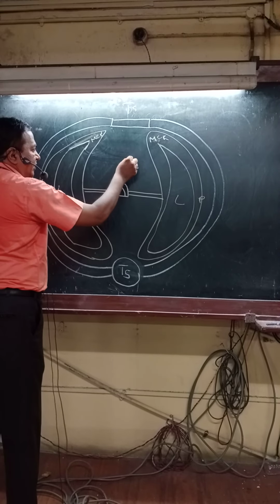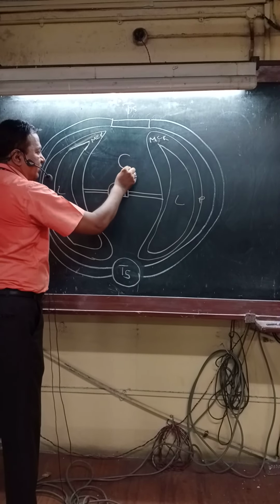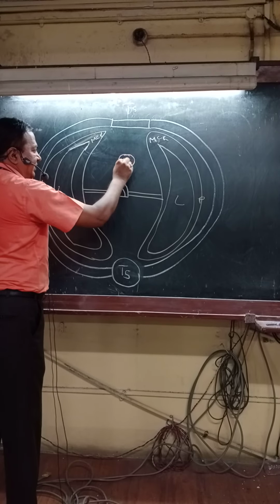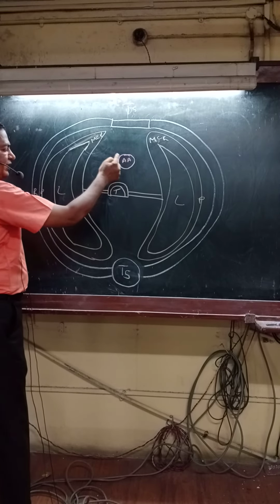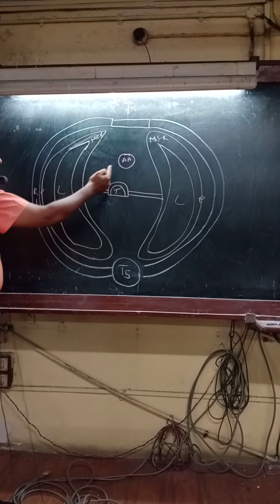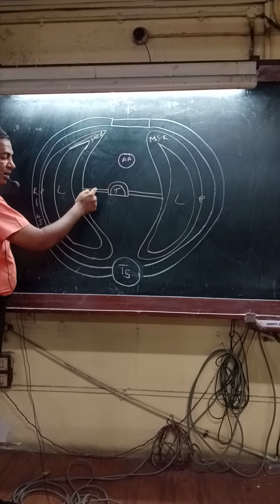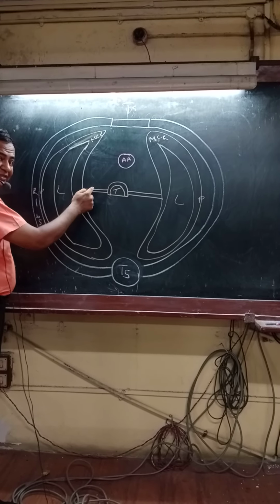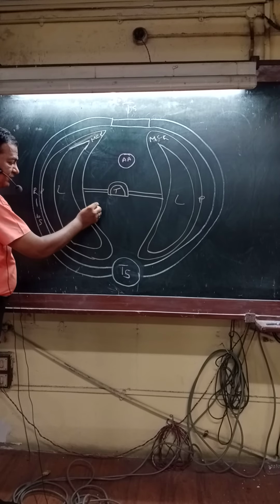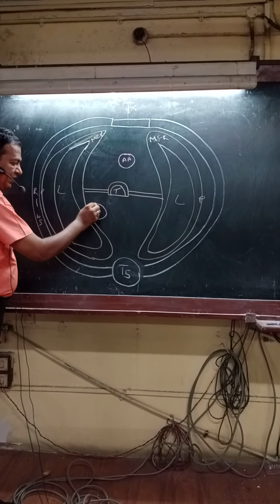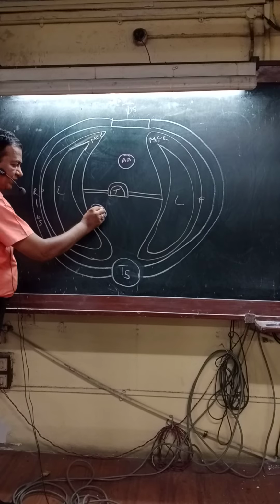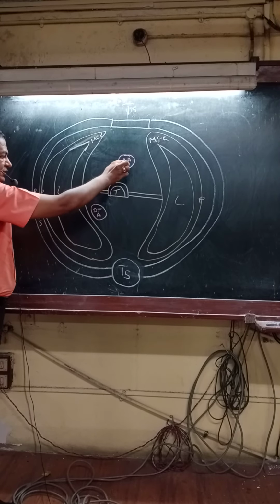So I draw ascending aorta over here. This ascending aorta becomes arch of aorta, goes behind, above the left bronchus and comes here as descending thoracic aorta. So this is ascending aorta.